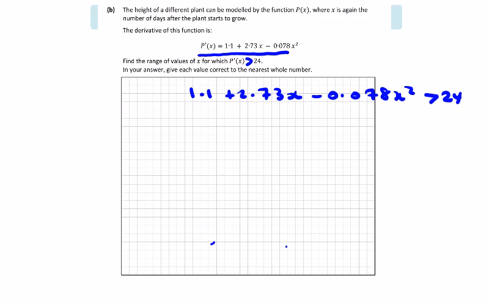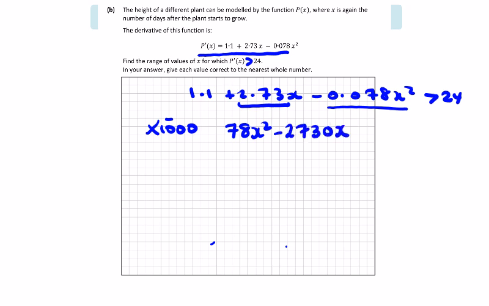I'll just multiply by minus 1000, to get 78x squared. 3 decimal places will be minus 2730x. You don't have to do this. And then the 1.1 by 1000 is going to be 11. Oh, actually need to bring the 24 across as well. I'll do that in a second.